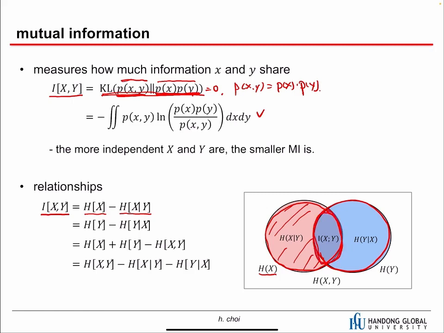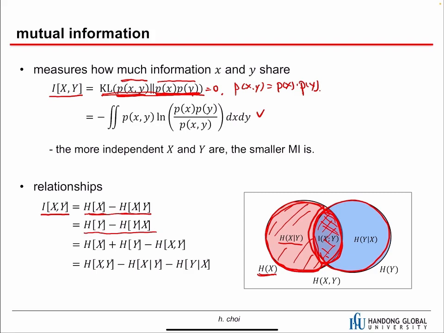So we cannot have any information from this side. This is H(X|Y). Then H(X) minus H(X|Y) is actually this part. And likewise H(Y) minus H(Y|X).